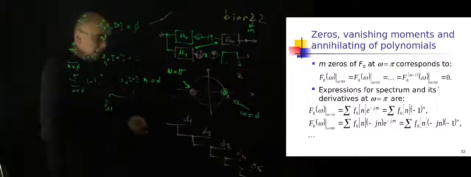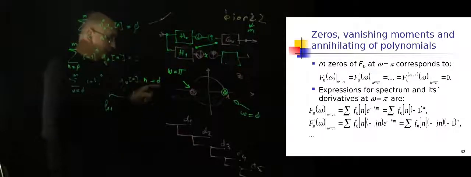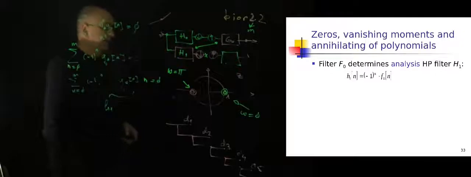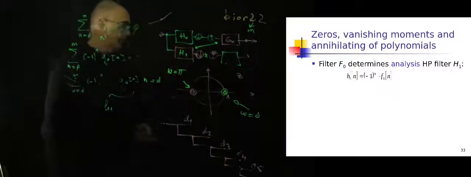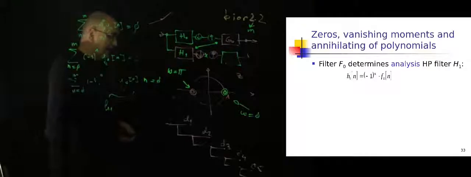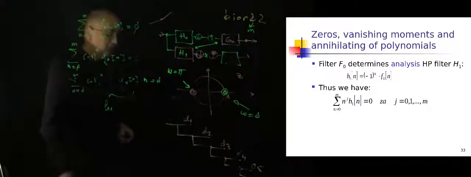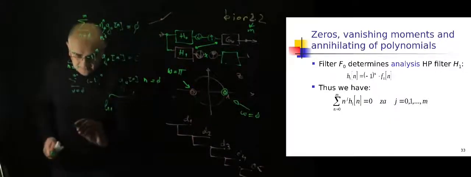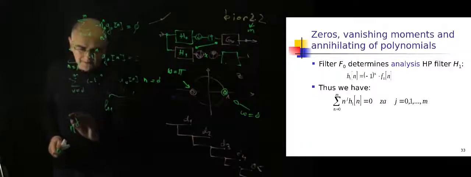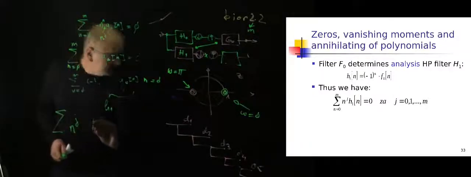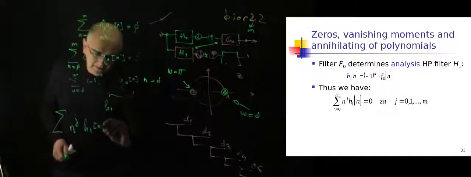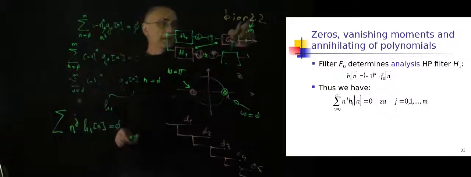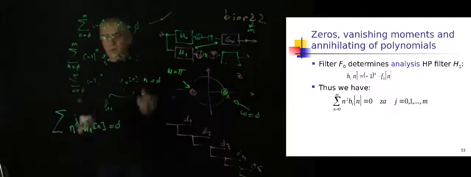Let's write it down so we can recognize that (-1) to the power of n times f0 of n is nothing else but my filter H1. And finally I have a final result that in general, n to the power of j times H1 of n equals 0. What does it mean if, in my example, the maximum j is 2?